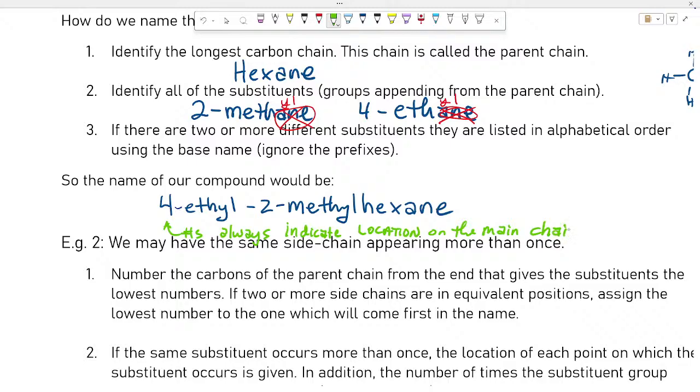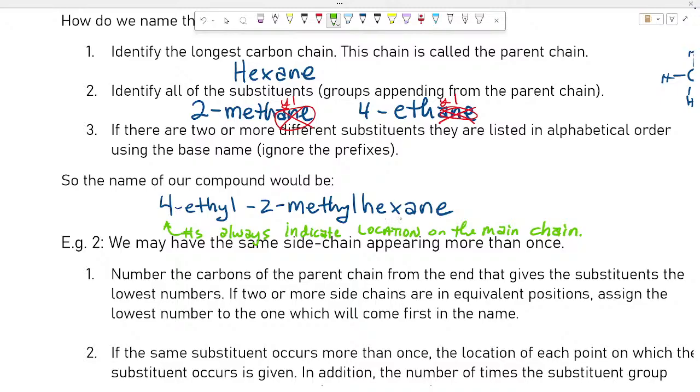So what this name is telling us is you're going to go to the 4th carbon on the chain and put an ethyl group. You're going to go to the 2nd carbon on the chain and put a methyl group. And the main chain itself is going to be a hexane. If I were designing this from scratch, I'd probably have the name of the main chain come first so that you'd know what that is. So when you read one of these, you almost have to read the end first.